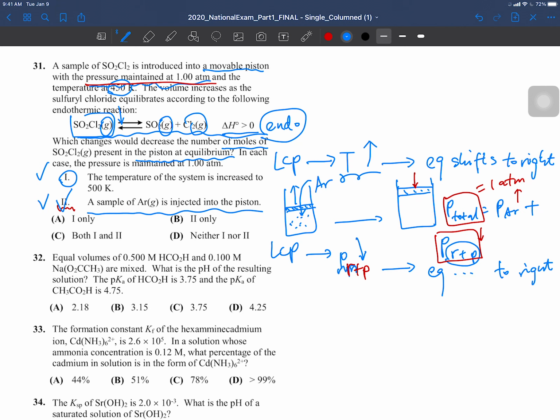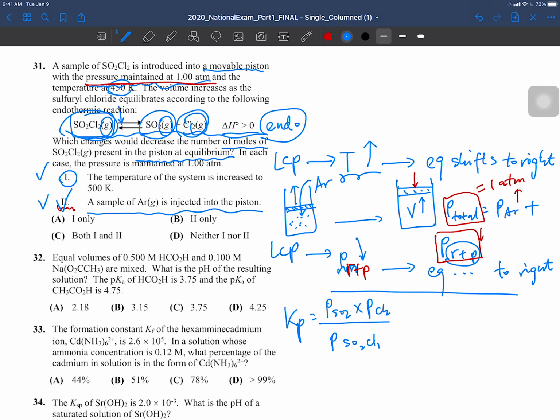I would like to provide another way for you to interpret the results. The volume expands, which means the pressure of all of the reactants and products decrease, right? So let's make a simple assumption, okay? Because the Kp equals the PSO2 times the PCl2 divided by the PSO2Cl2.